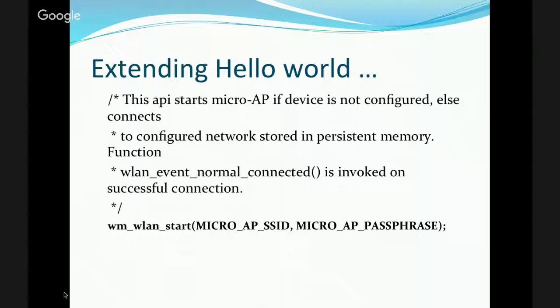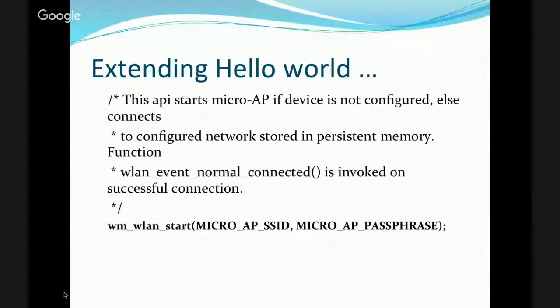So what is provisioning exactly? When you buy any device which connects to Wi-Fi, like your smart TV, first you have to connect it to your access point in your home. That is the Wi-Fi provisioning process. How it works on this microcontroller is you start an access point on the board itself. When you boot the board the first time and call this API, it starts an access point. The board becomes an access point and sends out beacons.